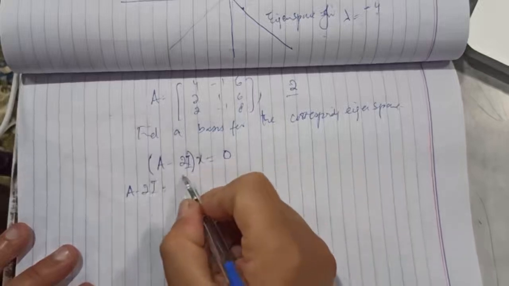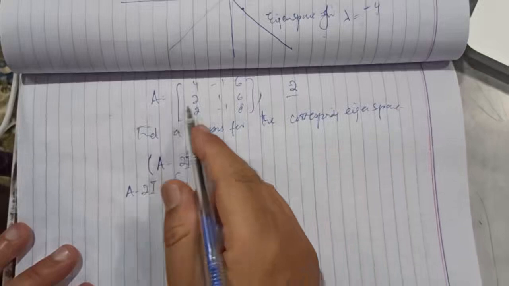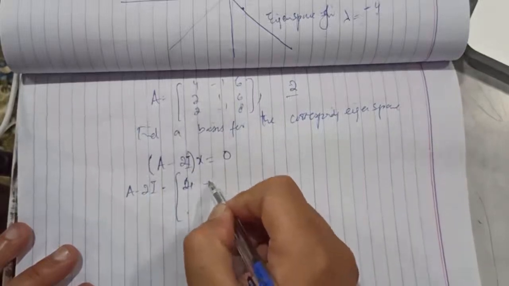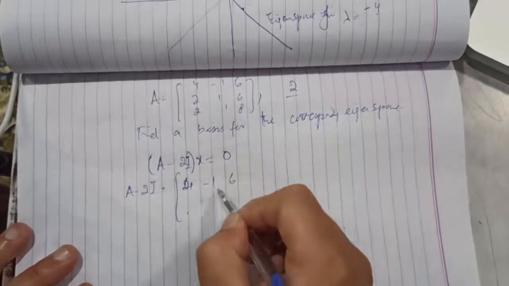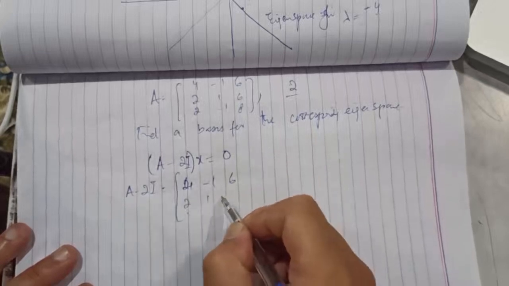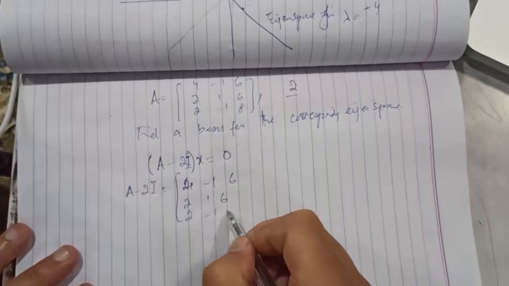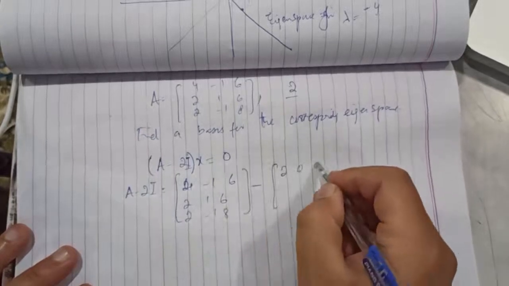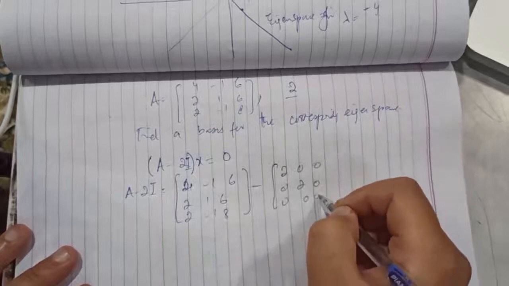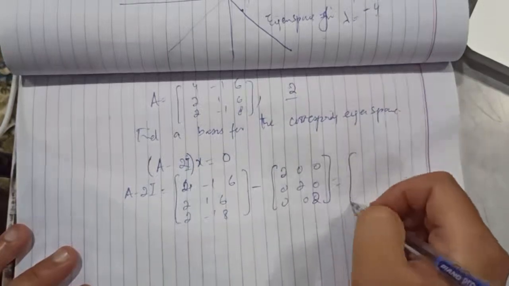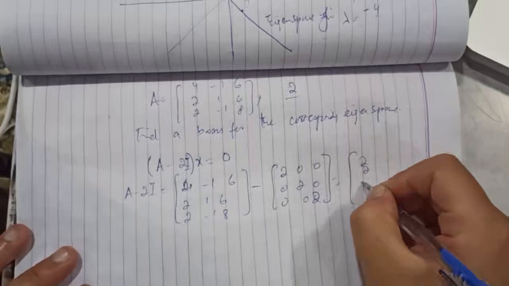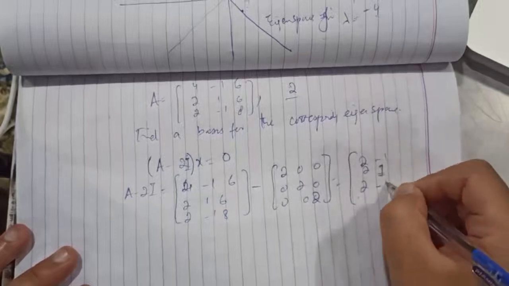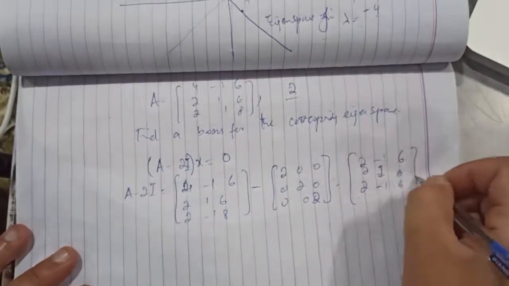A minus 2I becomes 4 2 2, -1 1 -1, 6 6 8, minus 2 times the identity matrix with 2 on the diagonal, and that comes out to be 2 2 2, -1 -1 -1, 6 6 6.